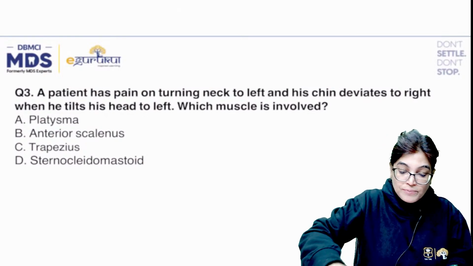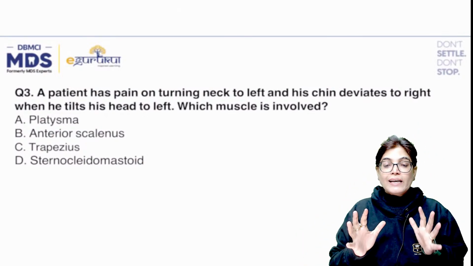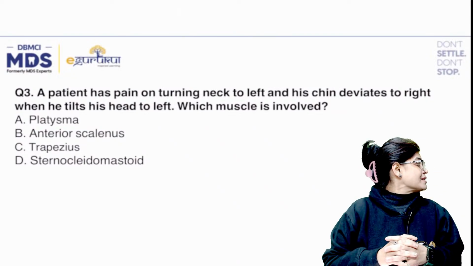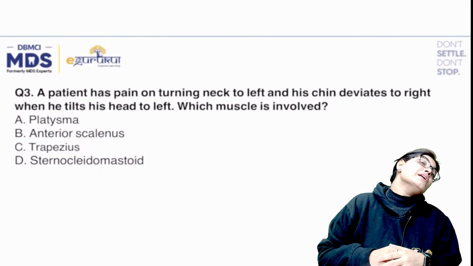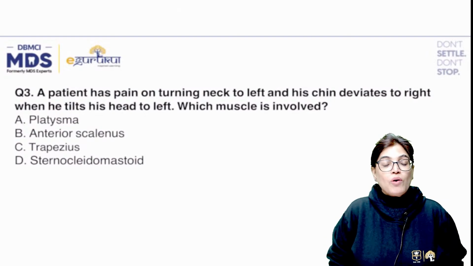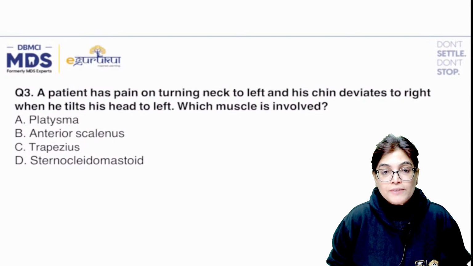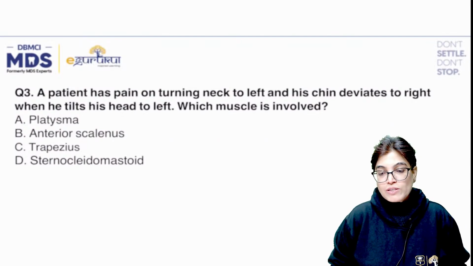The neck is turning to one side and I'm rotating the chin to the other side like this. This movement is done by which of the following muscles: platysma muscle, anterior scalenus muscle, trapezius muscle, or sternocleidomastoid muscle.